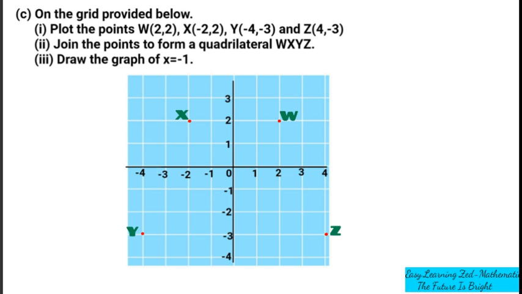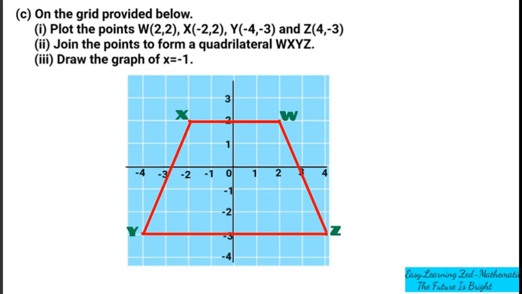First draw the line from W to X. Then we join that line by a line from Y to X. Then we join that line by a line from Z to Y. Then we also draw a line back to W, from Z to W. Now we have formed a quadrilateral called WXYZ. Now we have answered question 2.